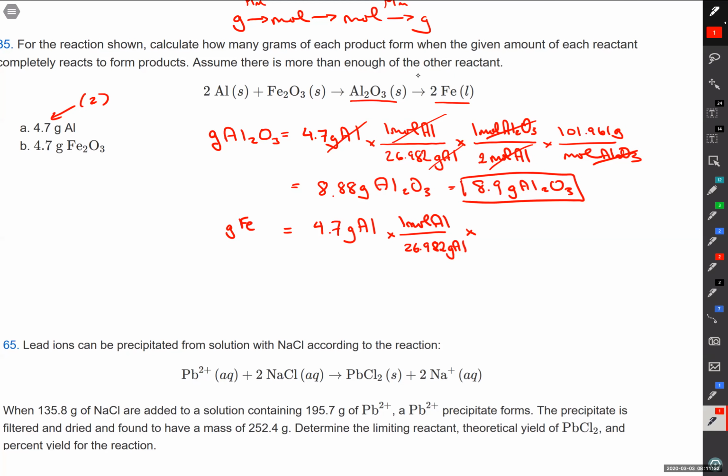So that's going to be 2 moles of iron for every 2 moles of aluminum. And yes, you could have used 1 to 1. And then I need the molar mass of iron. And that's 55.85, I think. I don't remember. Oh yeah, 55. It is 55.85, okay. This is random memory stuff.